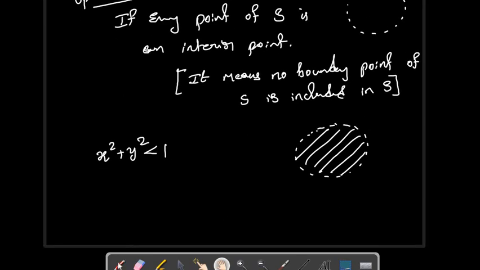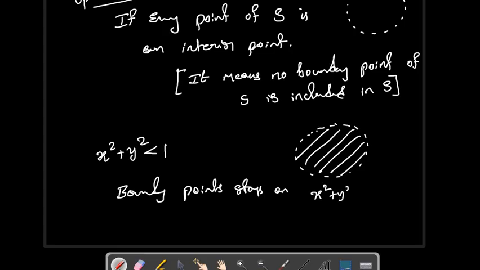So it is very clear that no boundary point is included here, because the boundary points stay on x square plus y square equals 1.